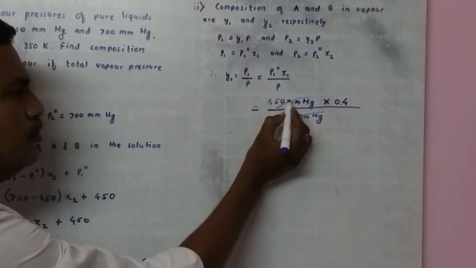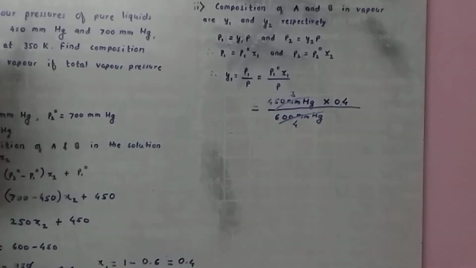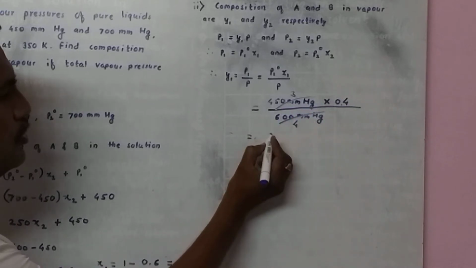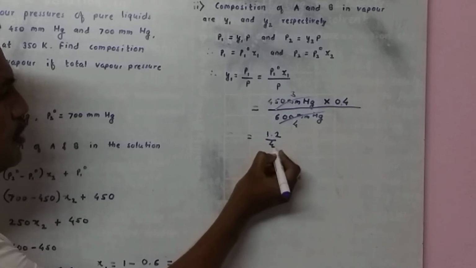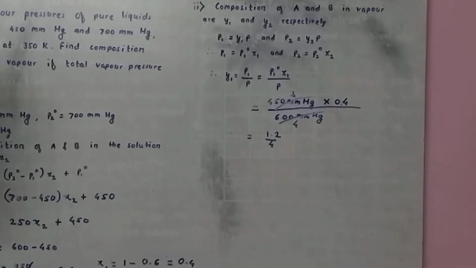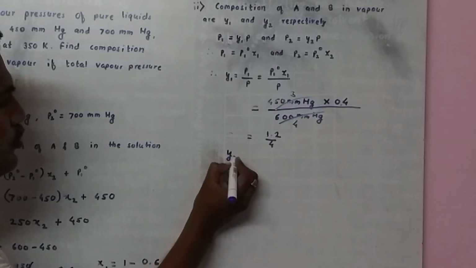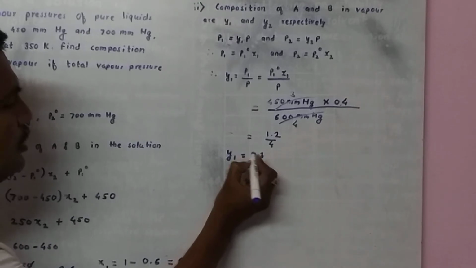So 15 threes and 15 fours are 60. So 3 into 0.4, 1.2 upon 4, it will become 0.3. So y1 equal to 0.3.